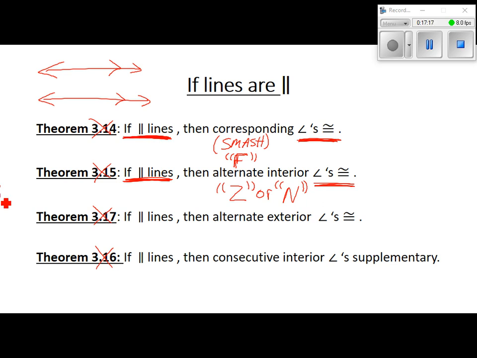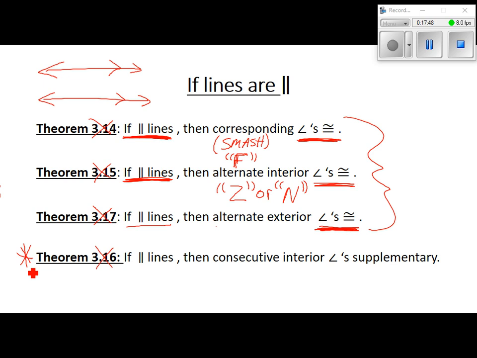Next one, alternate exterior angles. Notice that these two are out of position because I wanted all the congruent ones to go together. But if you have parallel lines, then alternate exterior angles must also be congruent. So these first three special pairs of angles are all congruent to each other if the lines are parallel. And then the last one is sort of the oddball out of the bunch.